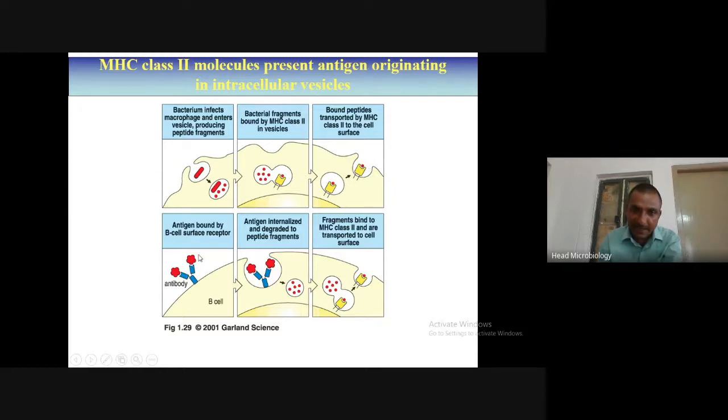These antigens are bound by the B cell surface receptor, degraded to peptide fragments, bound to the major histocompatibility complex class 2 and transported to the cell surface.